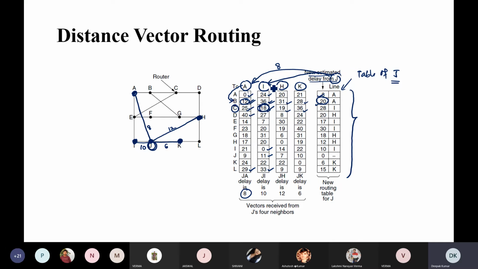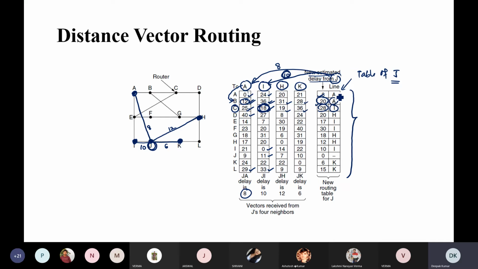So what is the cost between J and I? That is 10. So if you have to move from J to C, it will go through I, and it is 18 plus 10. It is updated as 28.